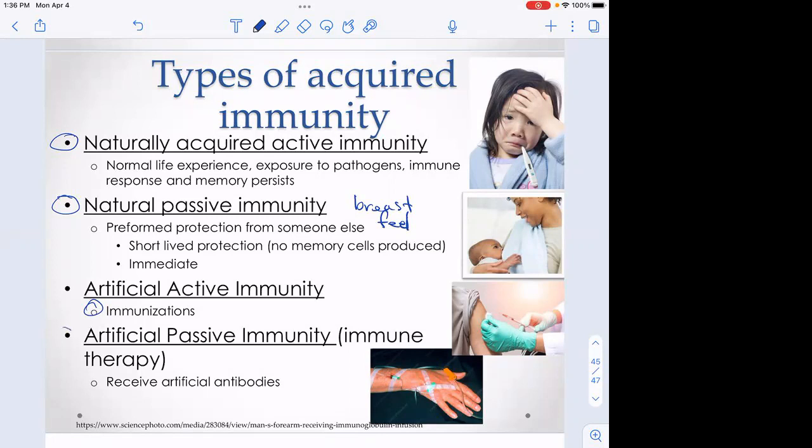And then lastly, an artificial passive immunity. Sometimes we will give patients infusions of antibodies. We've been doing this a lot with COVID, with people that are particularly at risk that may contract COVID. We can catch it early enough or get them treatment early enough.